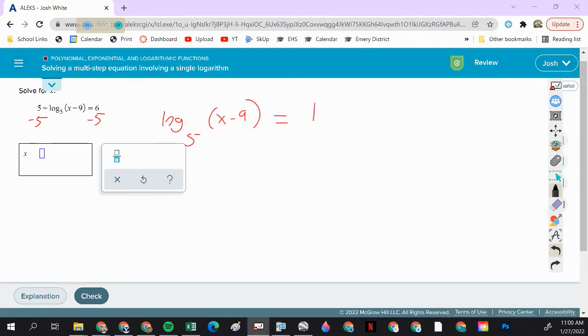Now I convert to exponent. So if there's any fluff around the logarithm, get that to the other side first, and then use the conversion method to solve. So 5 to the first is x minus 9. So x is 14. Yep, not too bad.